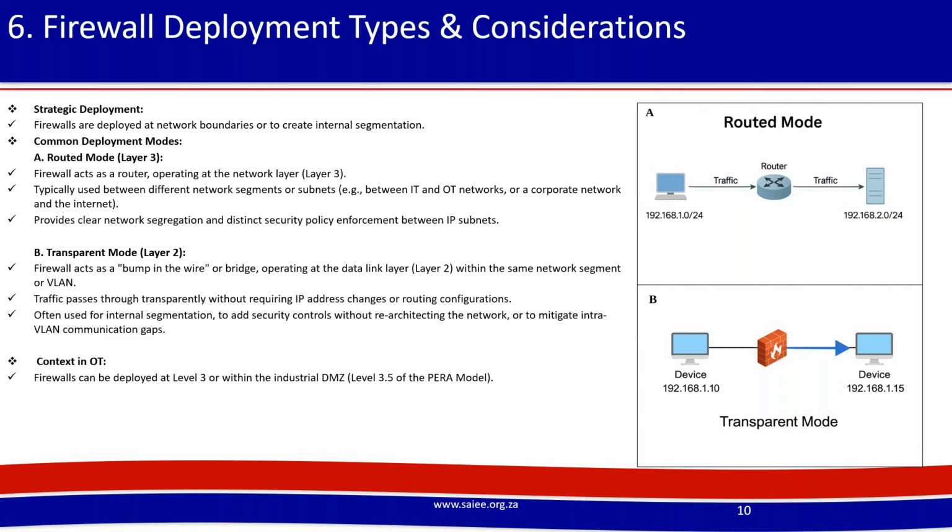There are two primary deployment modes. The first one is routed mode, or layer 3. Here the firewall operates at layer 3, acting almost the same way as a router does. It has distinct IP addresses on different network segments and routes traffic between them.